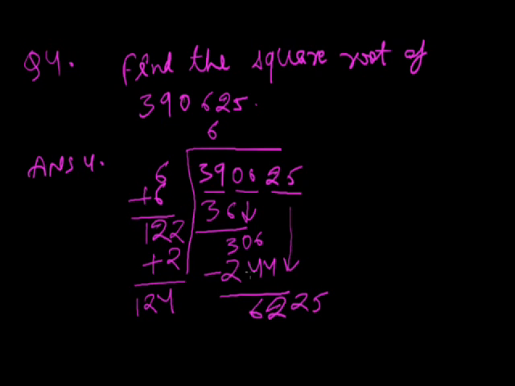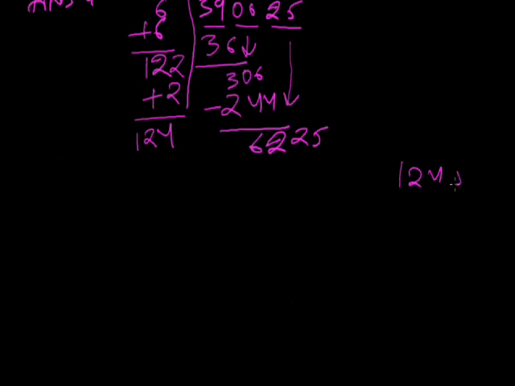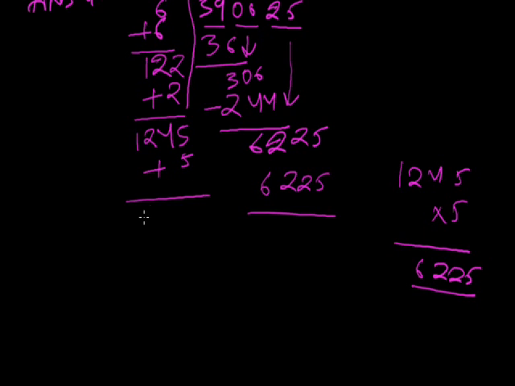Multiply 124 with 5 into 5. We get 6225. Write over here 6225. Subtract this number, we get 0, and this remainder is 0, and the quotient we get is 625.